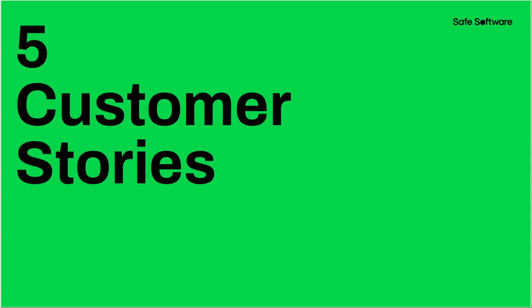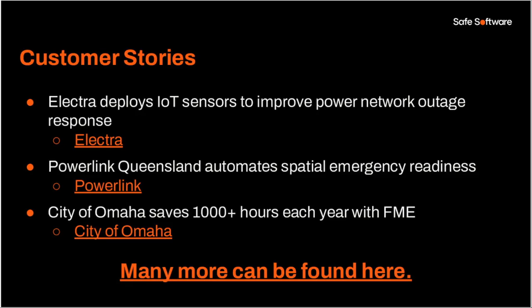And we have so many customer stories on events, but I picked a few. Electra, this is one with IoT sensors to improve the power network outage response. PowerLink Australia, they use automations for spatial emergency readiness, particularly around forest fires. There's a lot of fires happening, and so they have a really great system. And then the city of Omaha has one.